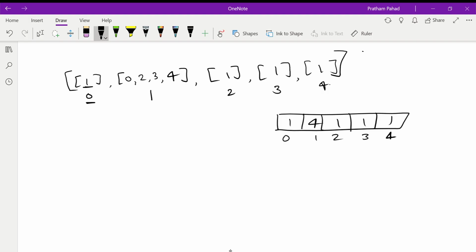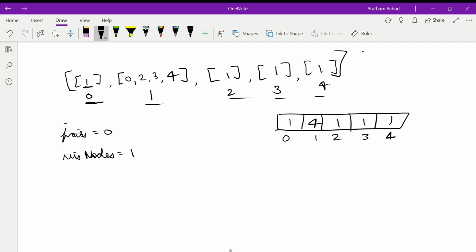Now, initially our pairs is 0. We will iterate node-wise through 0, 1, 2, 3, 4. Currently our pairs are 0, and we have visited the 0th node, so visited nodes equals 1.